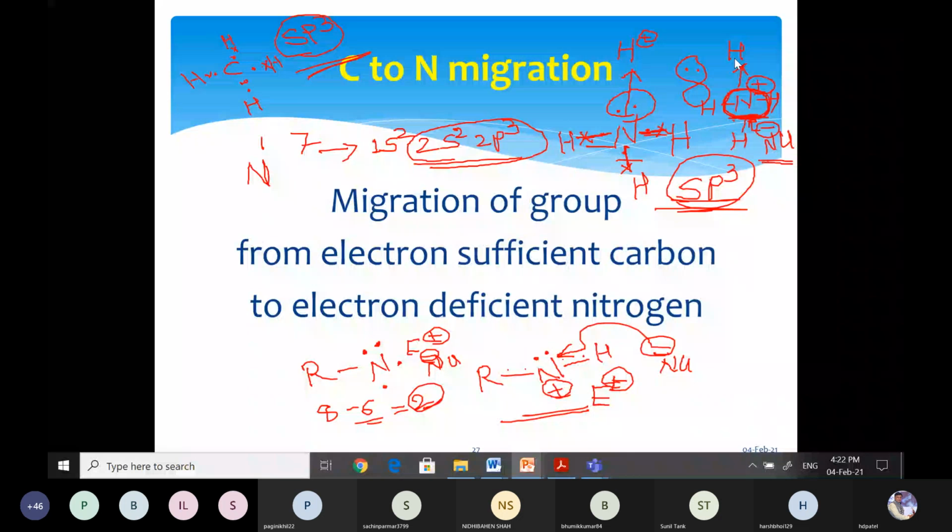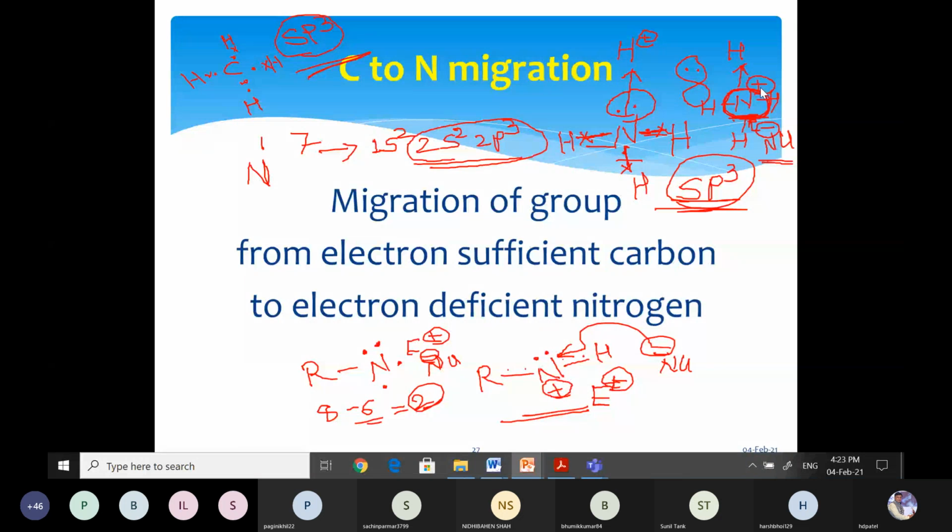But nitrogen has given electron to hydrogen, that's why we have put a positive charge. Whenever a coordinate covalent bond is formed, the atom which is donating electrons should have a positive charge, and that's why we have mentioned it. But we cannot carry out a nucleophilic reaction over here.